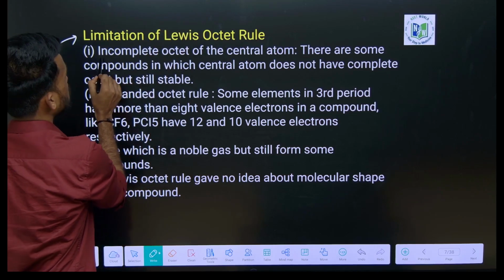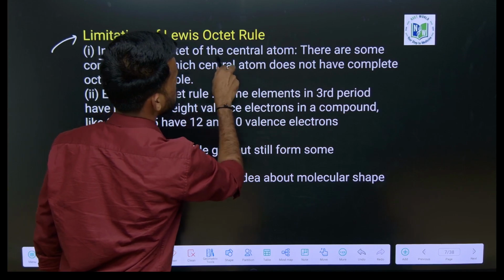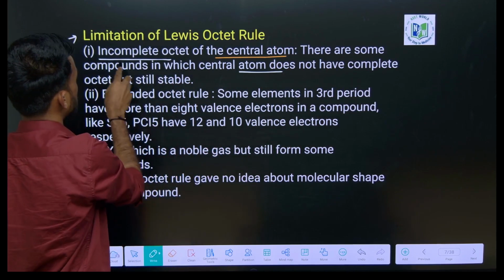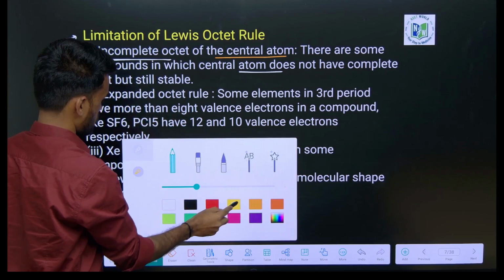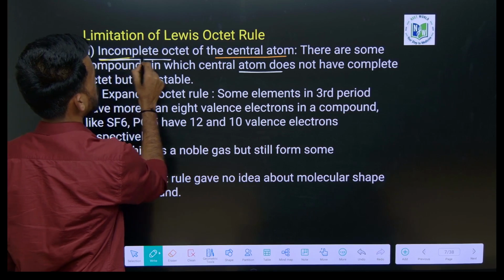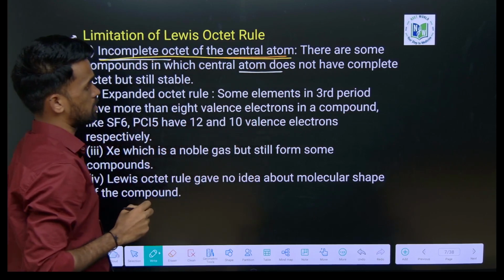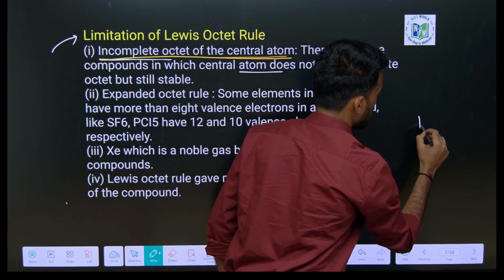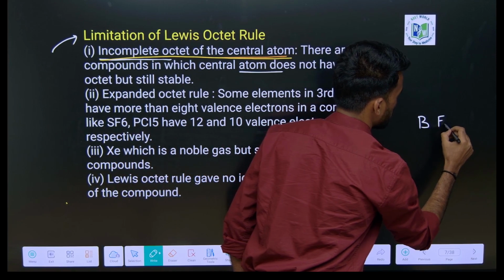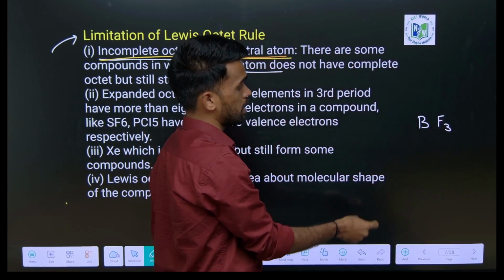What is the first limitation? Incomplete octet of the central atom. There are some compounds like this. Let us say BF3 I am taking. The central atom here is boron.